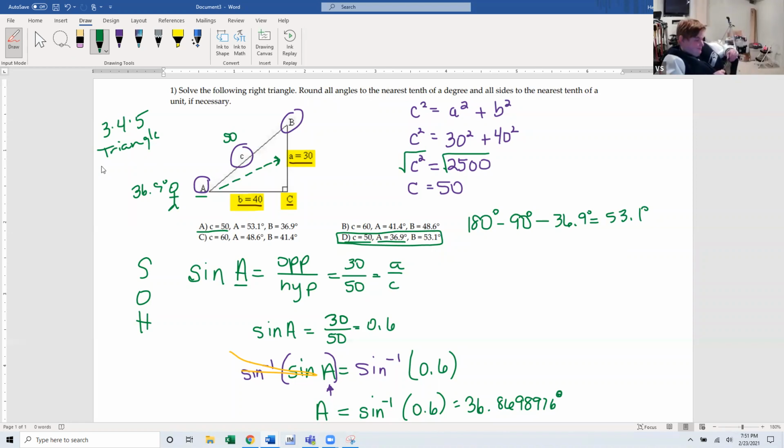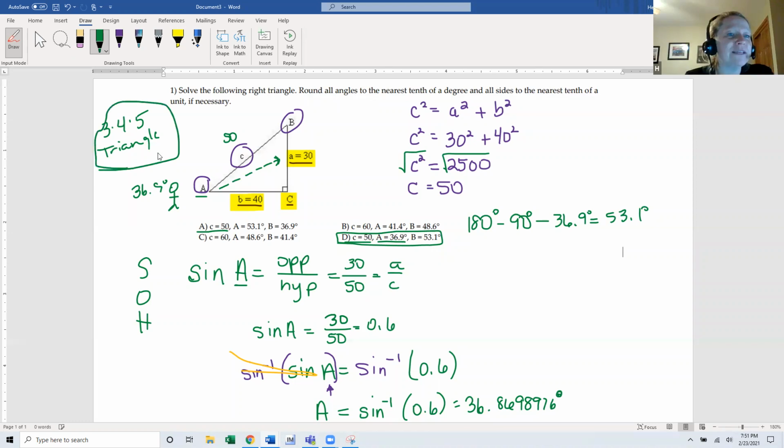Yep. So the 3, 4, 5 is used in construction a lot because if we want to construct something that has a 90-degree angle in it, like a building, for example, or it gets used a lot in landscaping or deck building. So if I measure, see if I can draw something that makes sense.